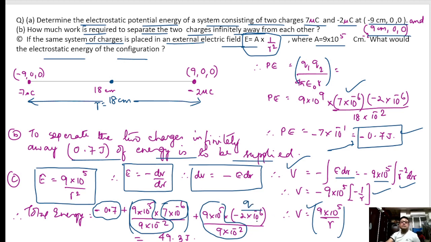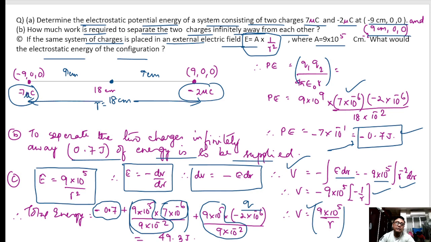Okay, there were two charges. So potential due to this charge 7 microcoulomb and minus 2 microcoulomb, this was our V, and distance between them was, this is 9 centimeter and this is 9 centimeter.